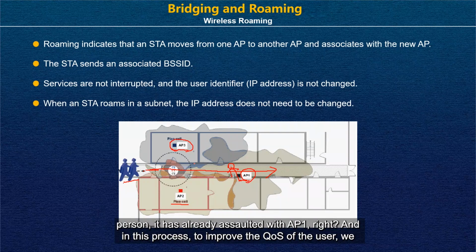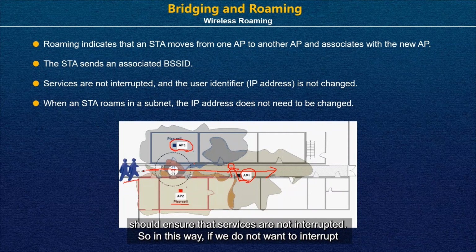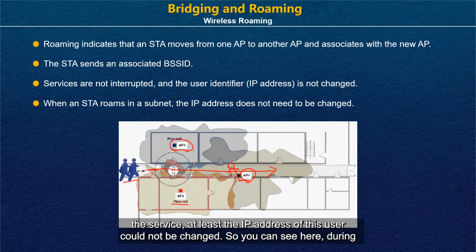And in this process, to improve the experience of the user, we should ensure that services are not interrupted. So if we do not want to interrupt the service, at least the IP address of this user could not be changed.